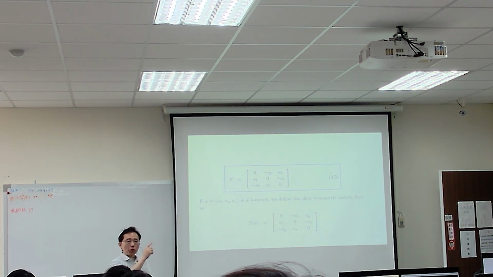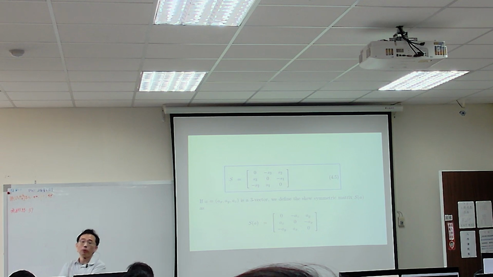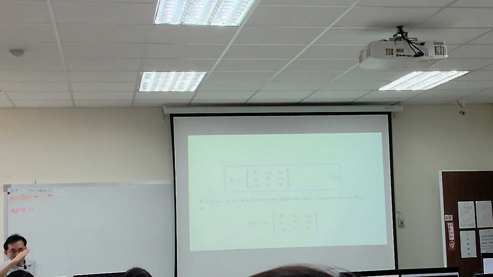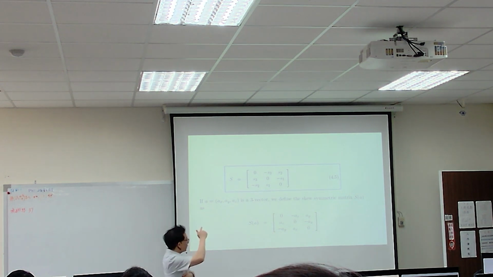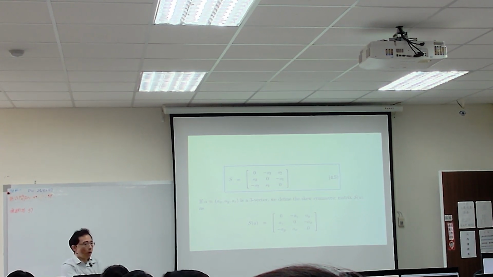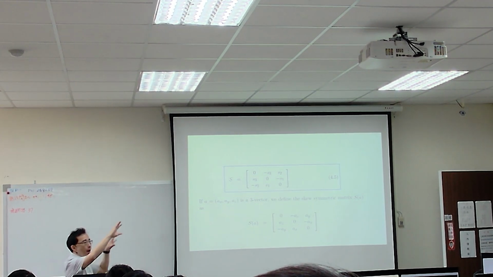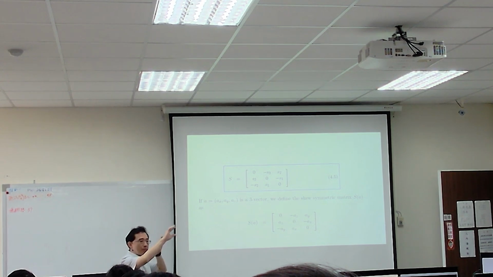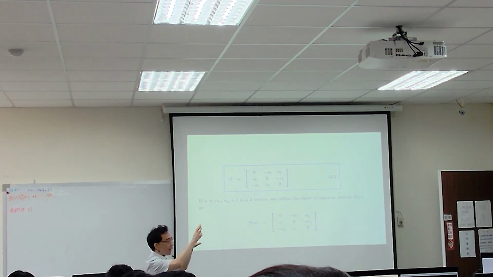Skew-symmetric goes along with the orthogonal. You know the orthogonal, right? You must know the orthogonal. The elements along the diagonal line are zero, and the elements on the two sides are mirrored.